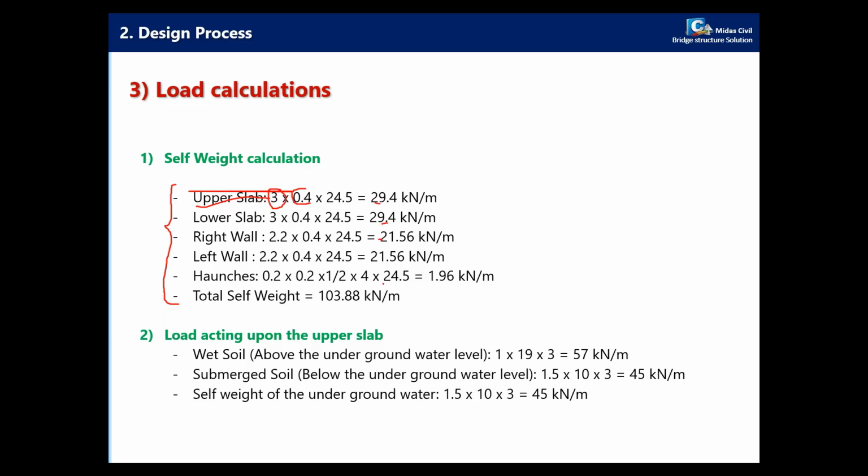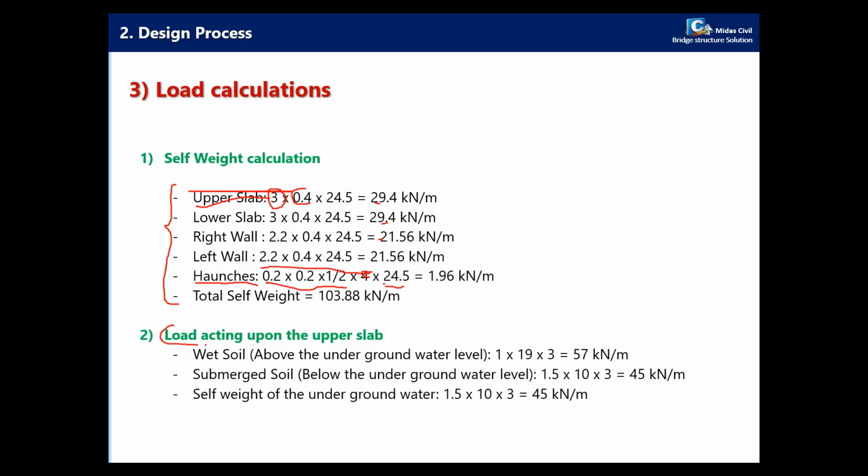So I'm not going to explain this in depth because you know all of them, so we are going to use them in the software very quickly. And about the haunches, we have four corners of haunches. So the dimension, as I show you on the screen, you have to multiply by 4, and then the unit weight of the concrete.